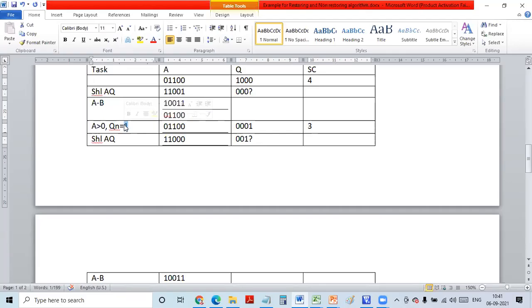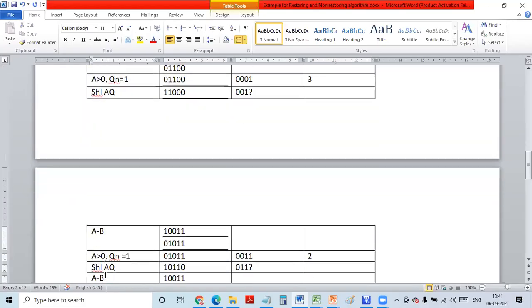If the previous value of Qn is 0, it means the result is negative, so it was a false subtraction, and I have to proceed by addition of the divisor. But here the previous value of Qn is 1, so I should proceed with the subtraction only. The previous subtraction is correct, so next is, as usual, subtraction.